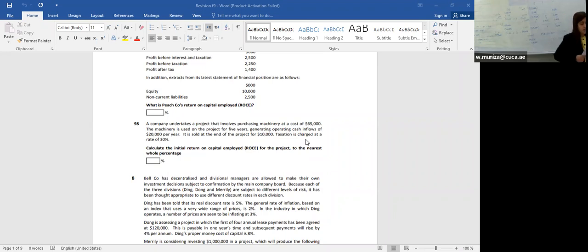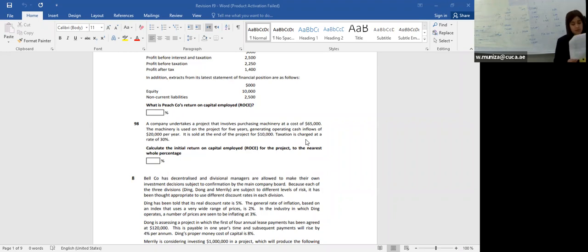And when in the exam you are going to encounter these types of questions, they look very, very easy and very common. But there are small ideas or small concepts which you need to keep in your mind. Like over here in this question, the formula of return on capital is very easy to apply.